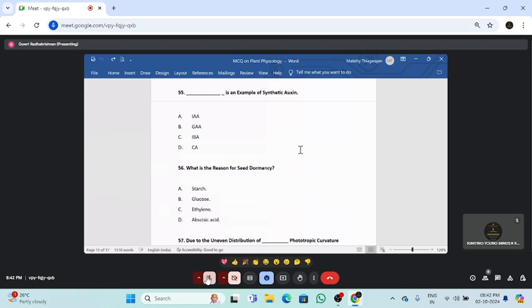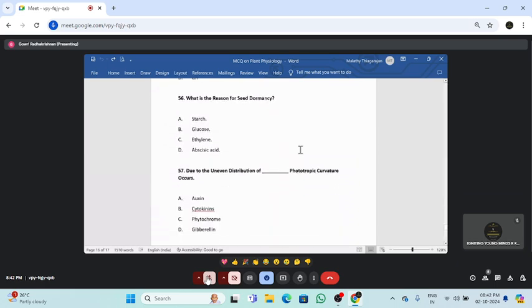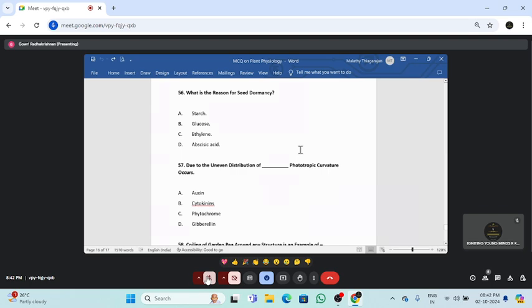IBA. Yes, IBA is the correct answer. What is the reason for seed dormancy? Starch, glucose, ethylene are not the reason for seed dormancy. It's abscisic acid. Option D.